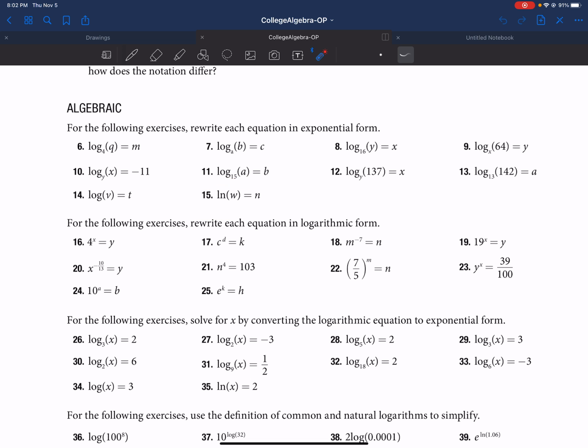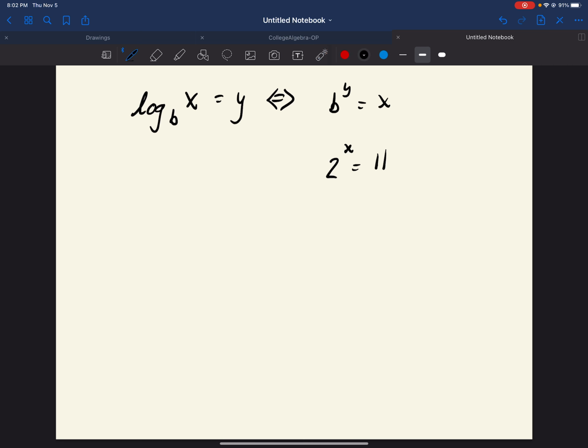There are two very special logarithms. And so if you just see log x and there's nothing down here, it's always understood to be 10.